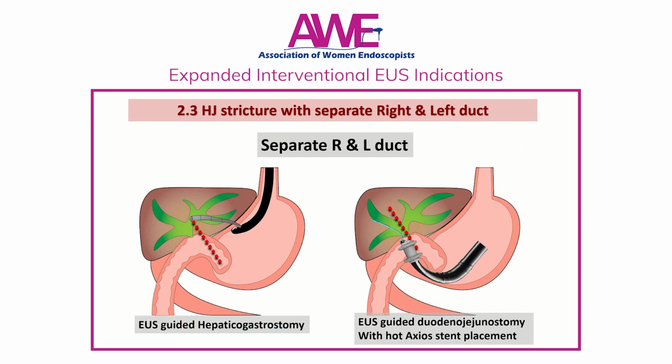This cartoon here demonstrates that the left intrahepatic duct can be accessed through the hepaticogastrostomy anastomosis, whereas EUS-guided duodenojejunostomy anastomosis can be performed to allow access to the right intrahepatic duct. And once the right intrahepatic duct is reachable via DJ anastomosis, a stent, as shown here, can be placed into the right intrahepatic duct.